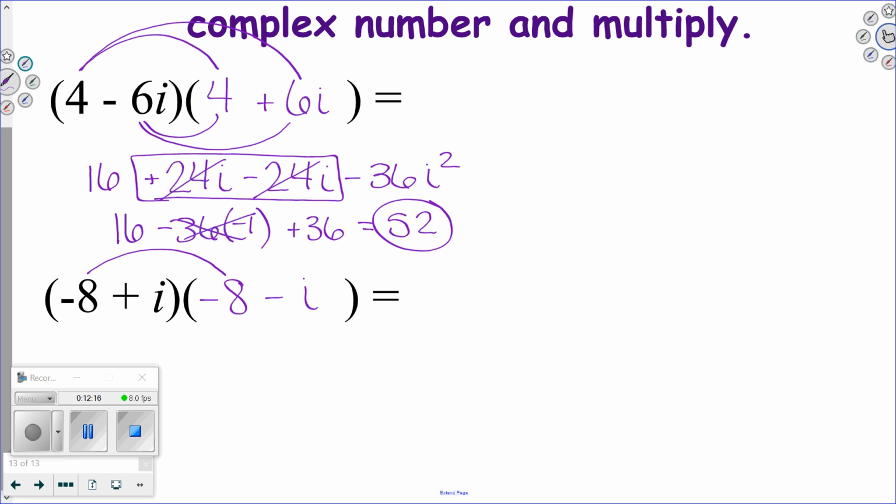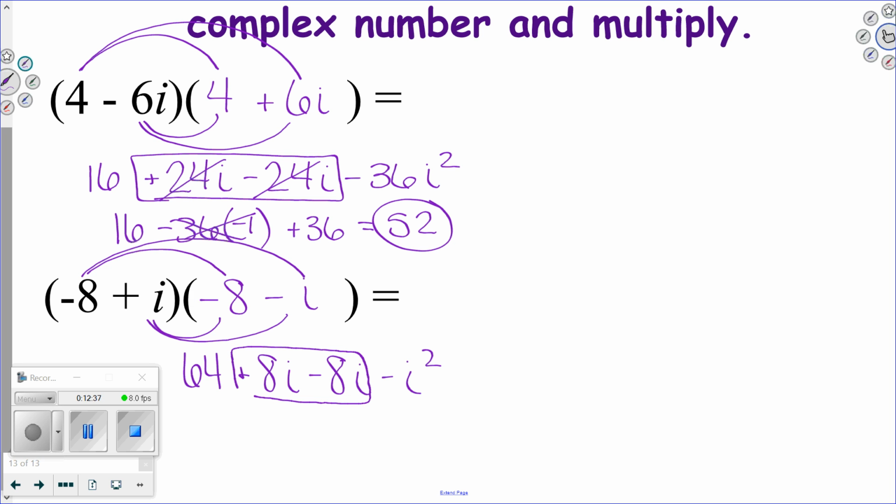All right, so when you distribute, negative 8 times negative 8 is positive 64. Negative 8 and negative i make a positive 8i. Positive i times negative 8 is negative 8i. And then i times negative i is a negative i squared. Like terms in the middle, again, canceled out.